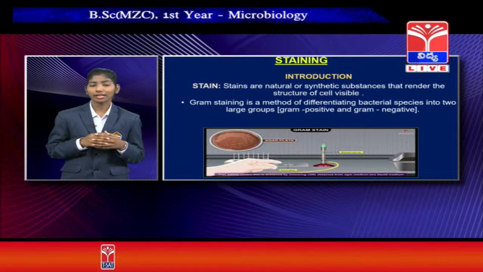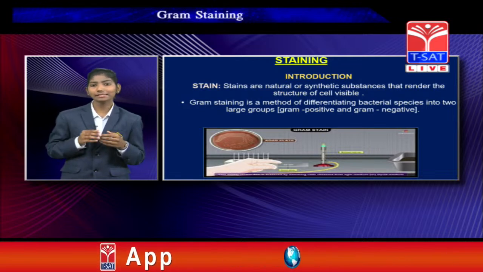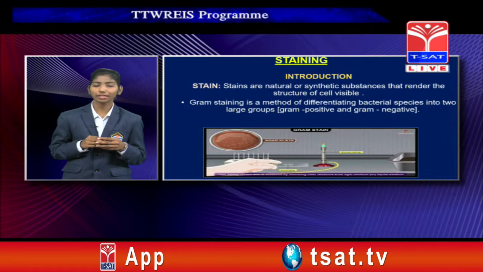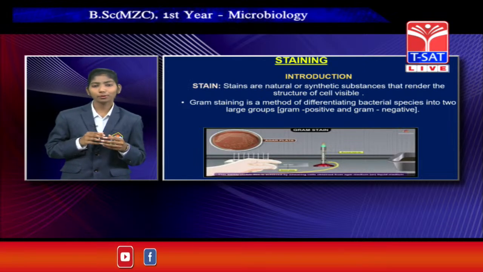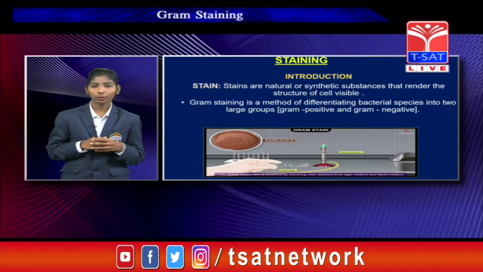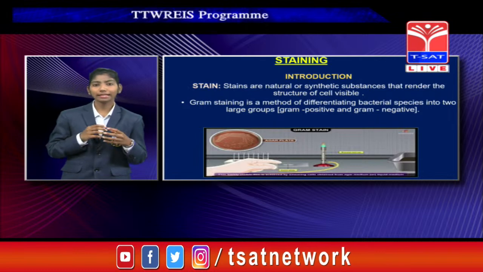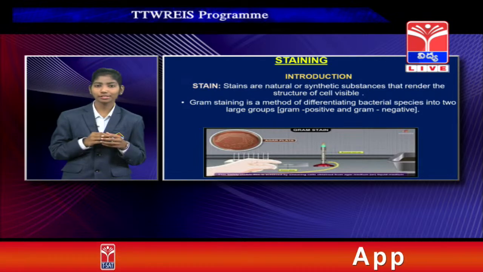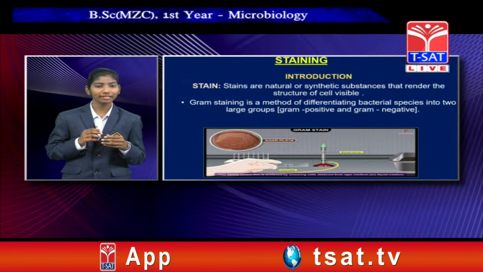Each and every cell is made up of a protective layer called the cell wall. Based upon cell wall composition, the bacterial species are divided into two types, namely gram positive and gram negative.